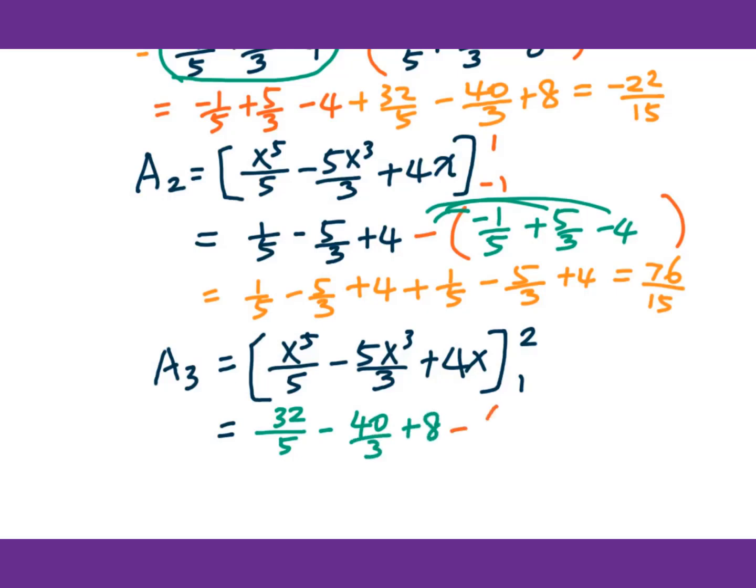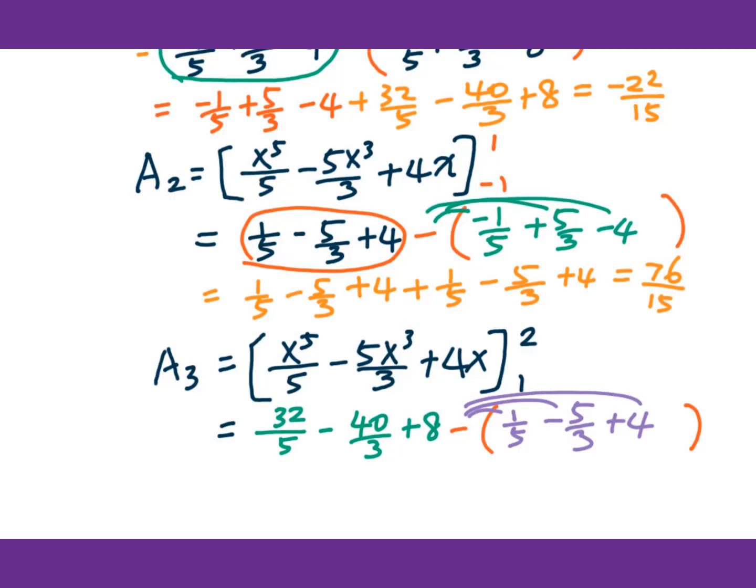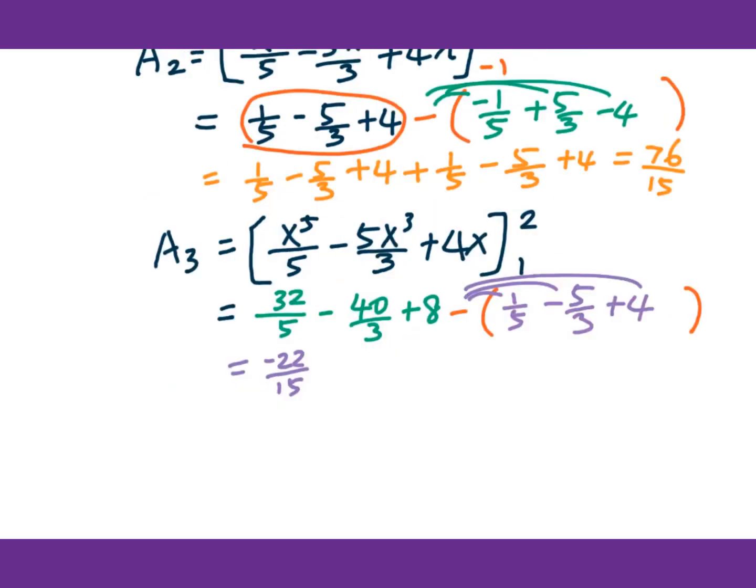Then minus parentheses. We plug in 1, you will get this. So we write down 1 over 5 minus 5 over 3 plus 4. Then we do the distributive property. Then put this together, you will get negative 22 over 15.